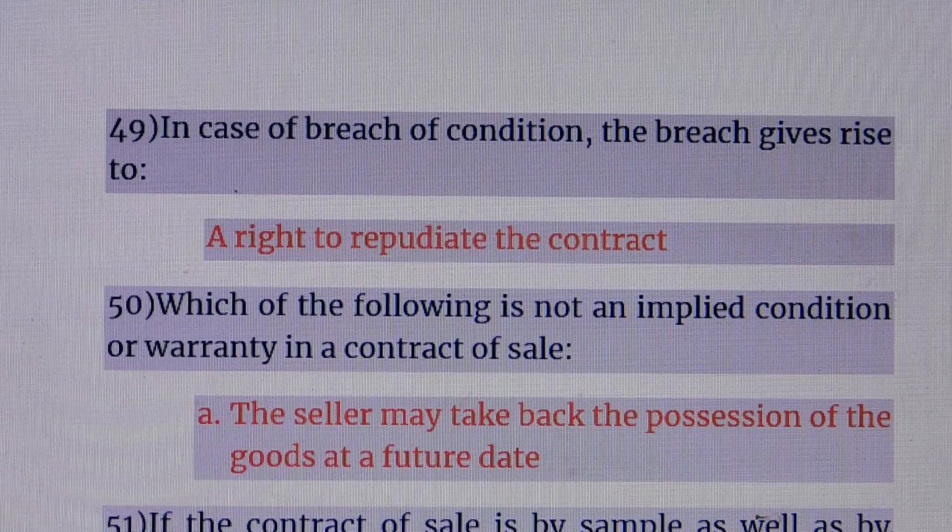Question number 49. In case of breach of condition, the breach gives rise to. Answer is a right to repudiate the contract. Question number 50. Which of the following is not an implied condition or warranty in a contract of sale? Answer is the seller may take back the possession of the goods at a future date.